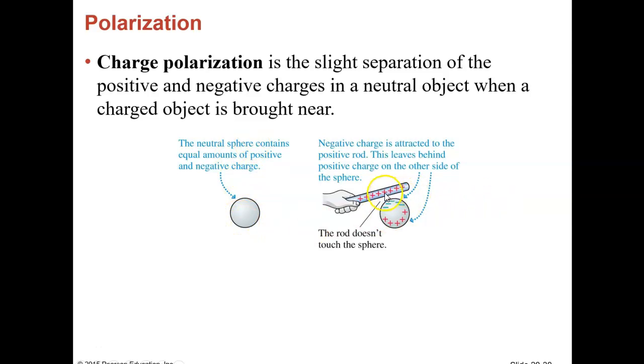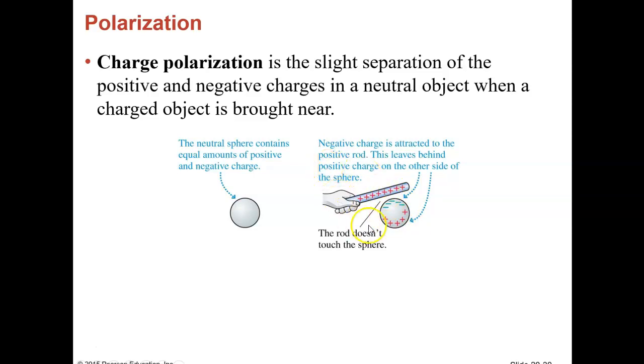But if you bring a positively charged rod towards it, the sphere doesn't gain or lose charge. But what happens is the negative charges, which are opposite of the positively charged rod, move towards that part of the sphere. So right now, this side of the sphere has a net charge, but the whole sphere is still neutral.